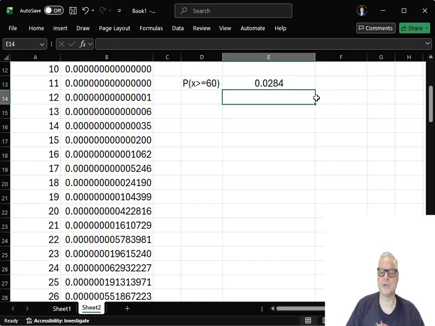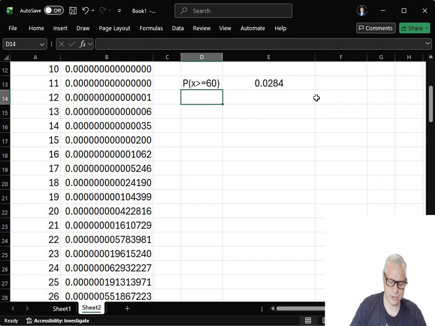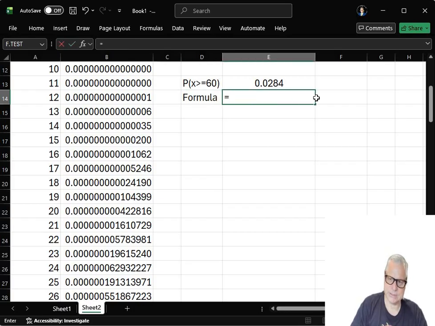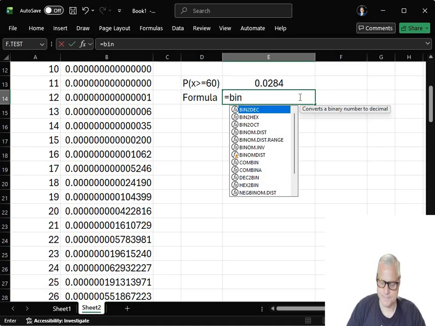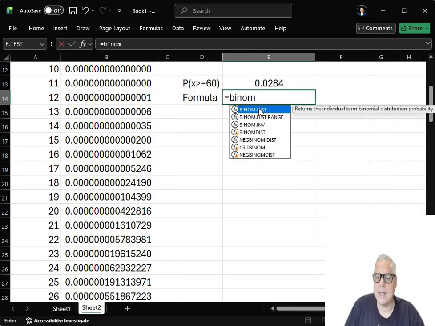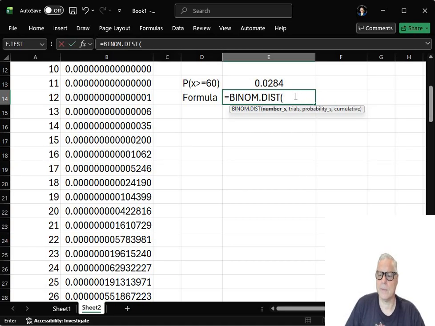But of course, what you would do is you would use the formula, and now we would say what's the probability. So now we will say binom.dist.